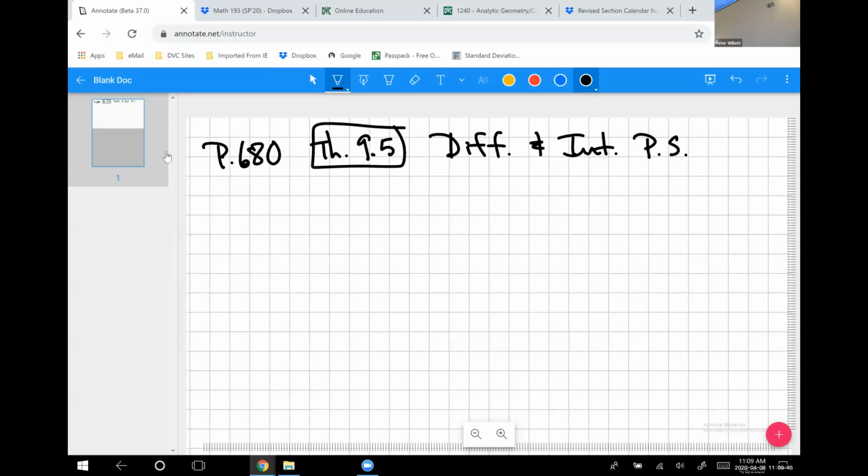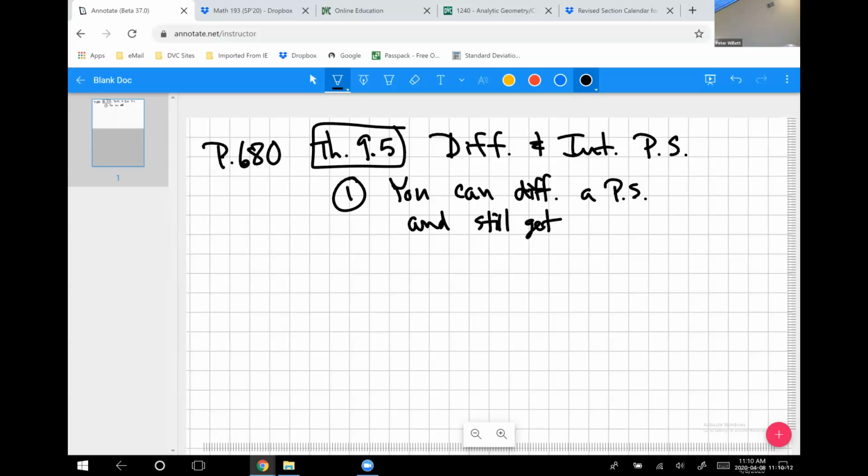Let's look at an example. So basically, I'm going to say with language what these two things say instead of just writing out the notation. You can differentiate a power series and still get convergence.